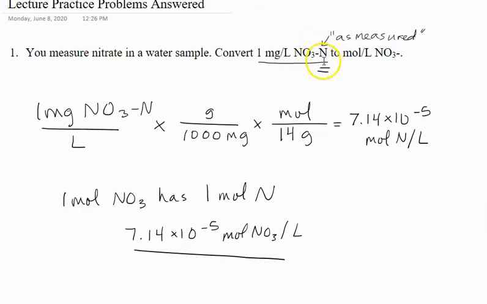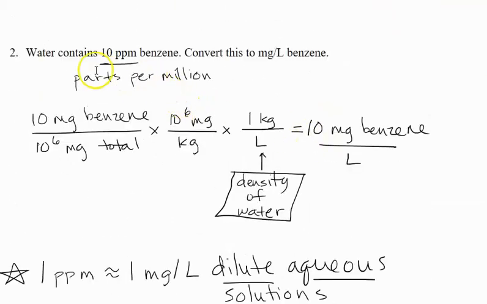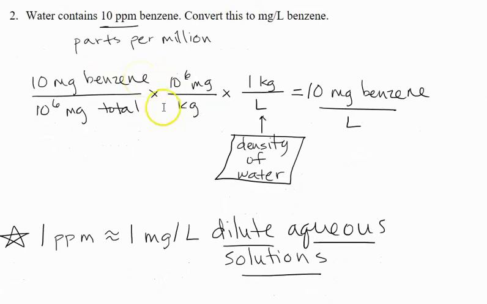That means that you have to use the atomic weight of that element whenever you're doing mass to molar concentration conversions. And then we did this example of parts per million, ppm, which we can very nicely say is basically equivalent to milligrams per liter, provided it's a dilute aqueous solution.